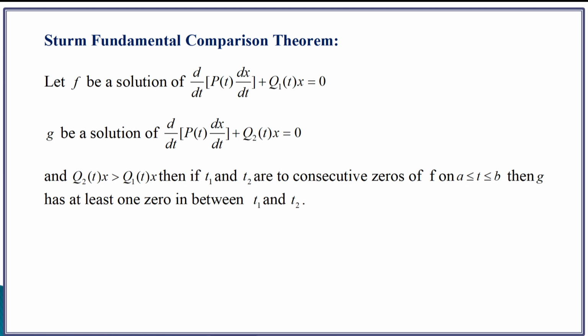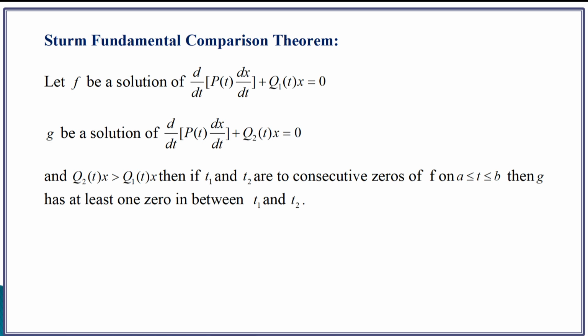So if there are two consecutive zeros t1 and t2 of f, then there is at least one zero of g between these two consecutive zeros. Earlier we saw the separation theorem where f and g are two linearly independent solutions of the same equation, and here f is a solution of one equation and g is a solution of the other equation.